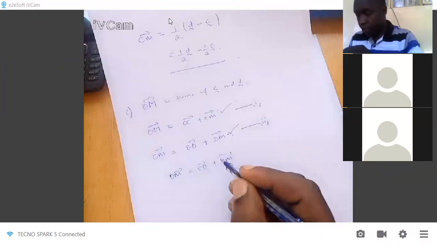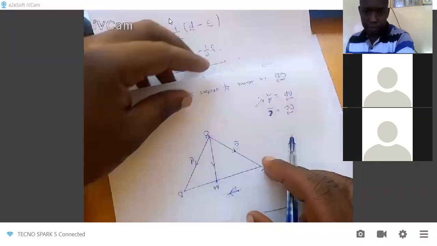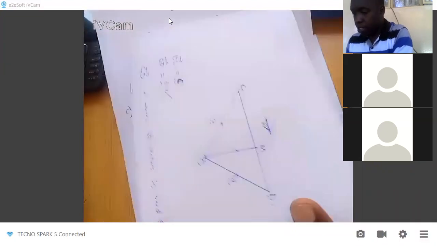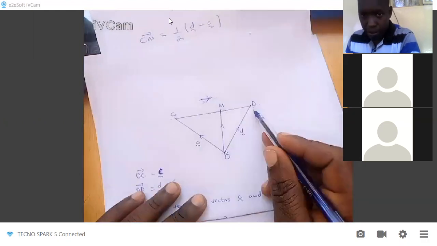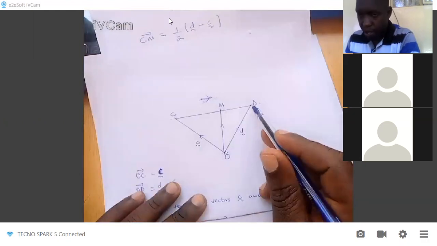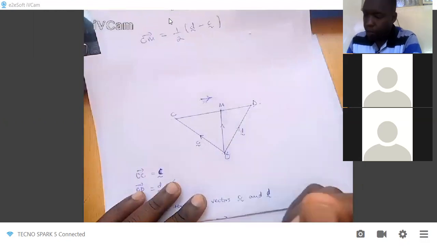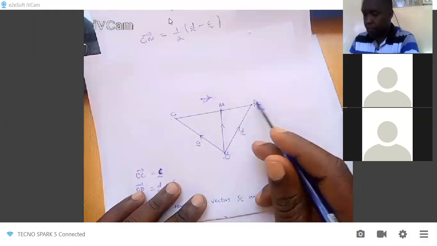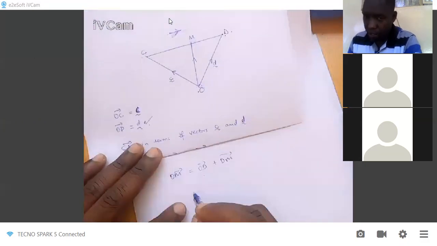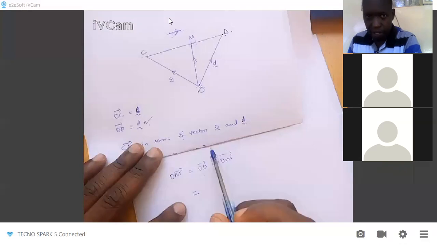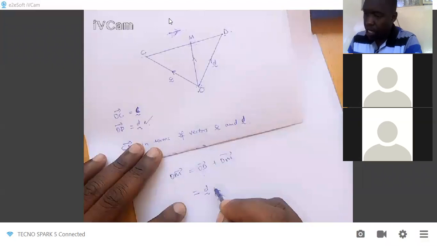Where is it coming from? From the diagram, our diagram. Like this. So OM is OD plus DM. So it's what we are going to use. So OD is given as D. So OM is D plus DM.